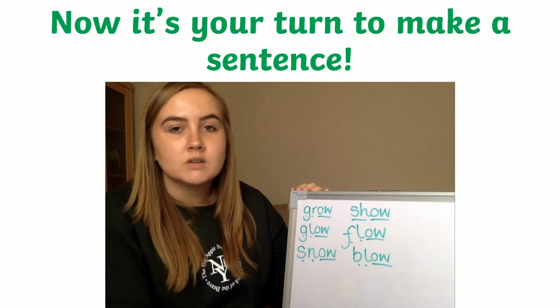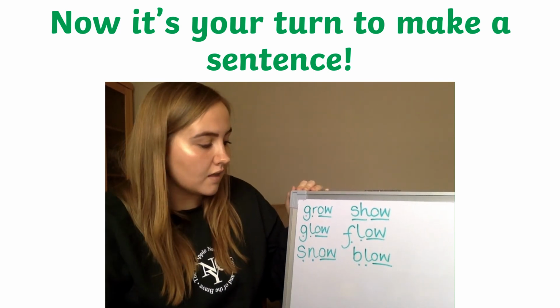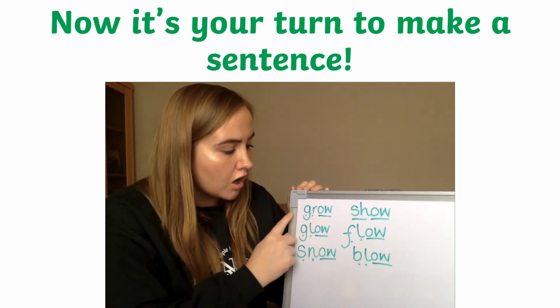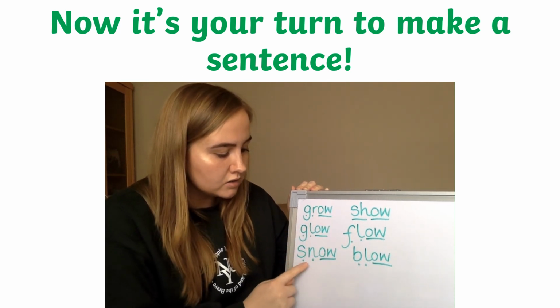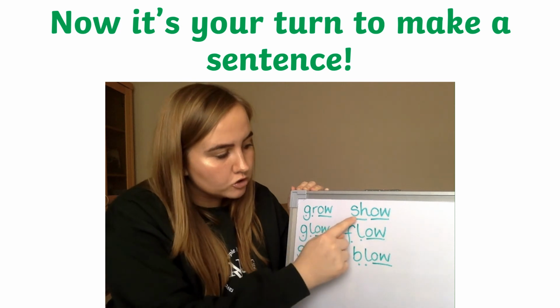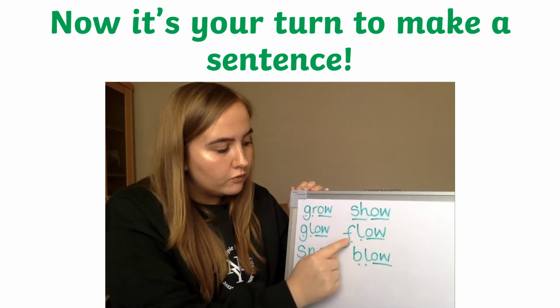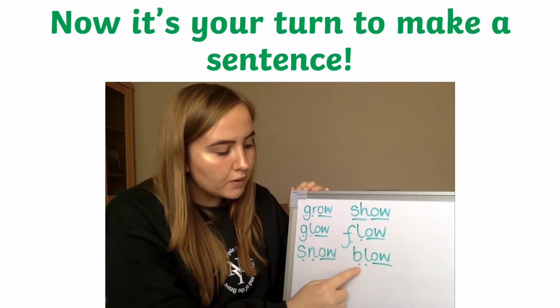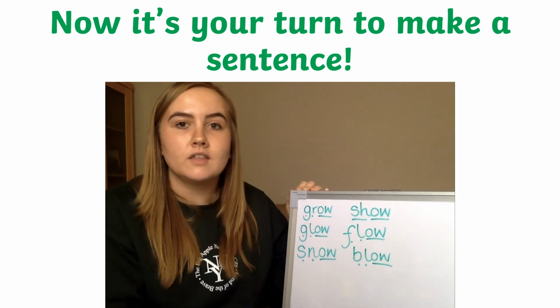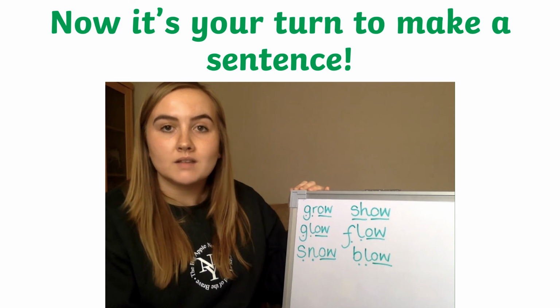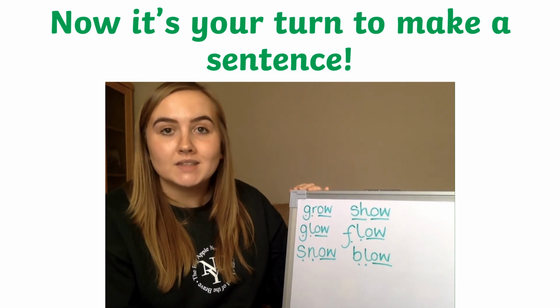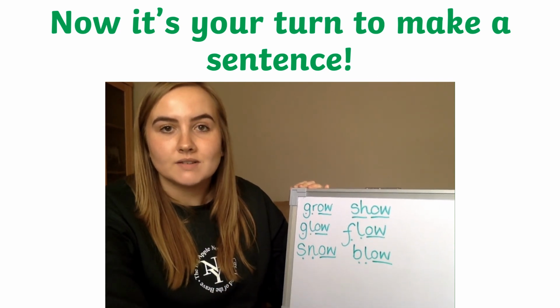The words I would like you to use are g-r-o, grow, g-l-o, glow, s-n-o, snow, sh-o, show, f-l-o, flow, b-l-o, blow. Write them nice and neatly, and I cannot wait to see what sentences you come up with.